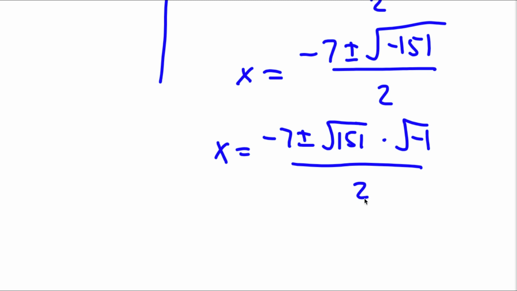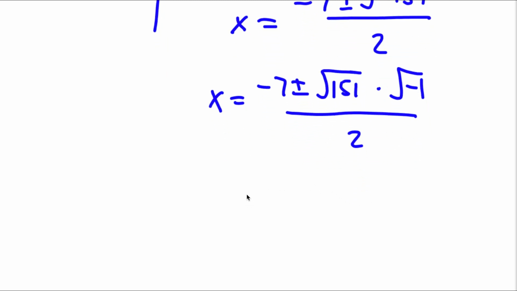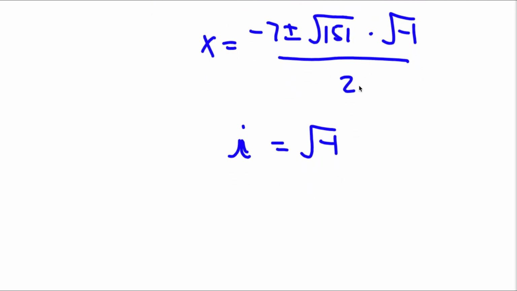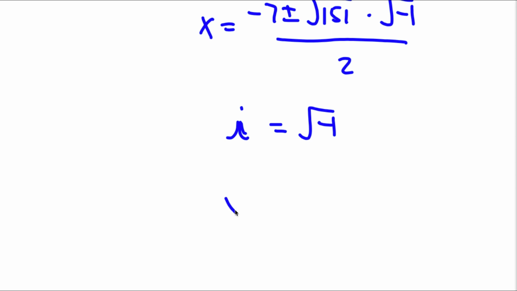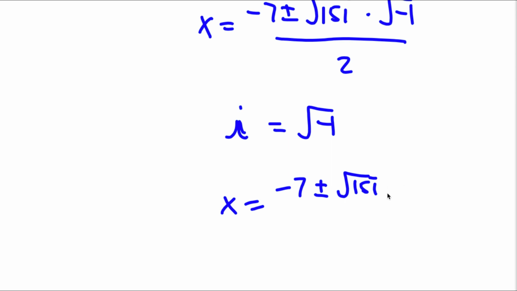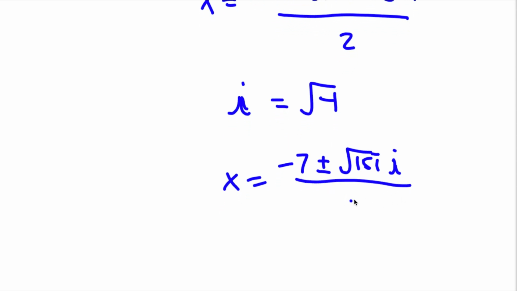So I have this over 2. And if you guys didn't already know, the imaginary number i is equal to the square root of negative 1. So I replace the square root of negative 1 with i, and I get x is equal to negative 7 plus or minus the square root of 151 i, and I have this over 2.